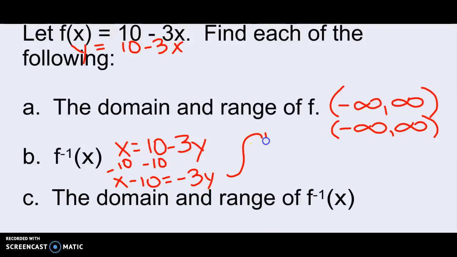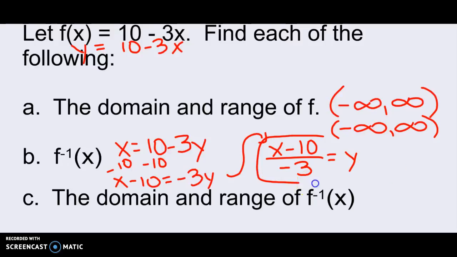I'm going to come over here and finish working on that. It looks like we need to divide everybody by negative 3. So we've got x minus 10 over negative 3 is equal to y. Now you can keep it like that if you like, or you can simplify each of the fractions.